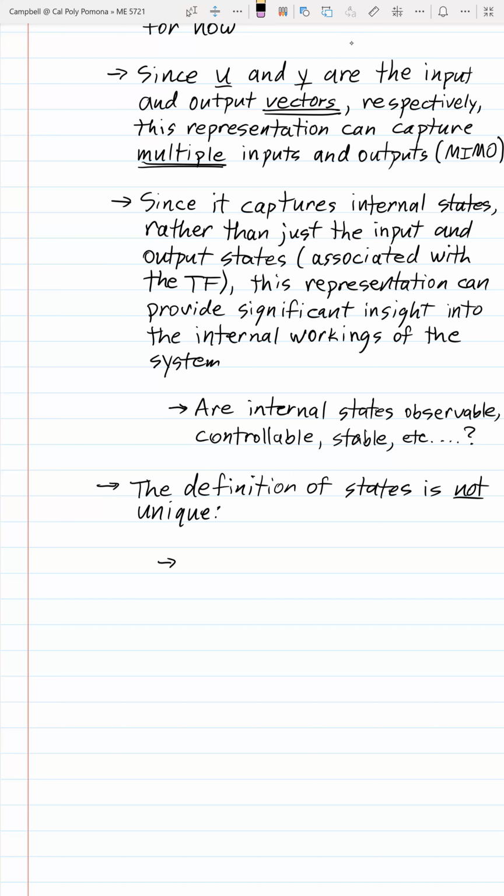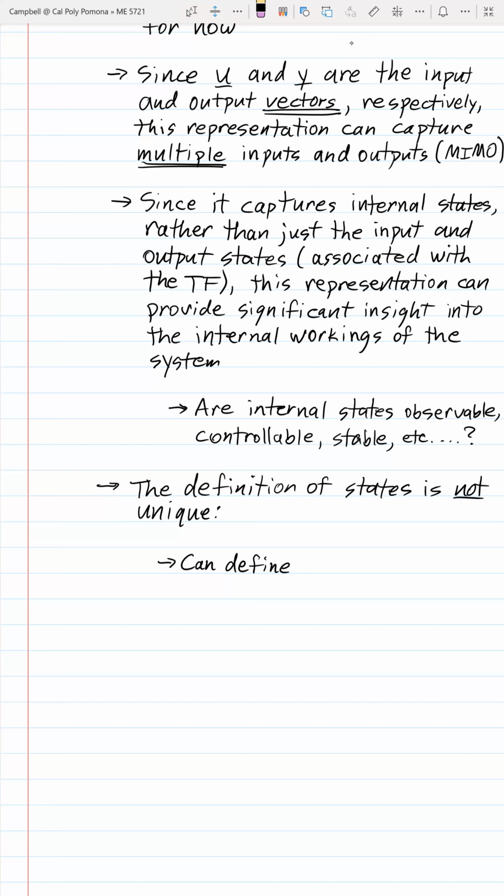Which increases the value of this approach, because it gives us that flexibility to represent the model in the best possible way for whatever we're trying to do. That is incredibly, incredibly important.